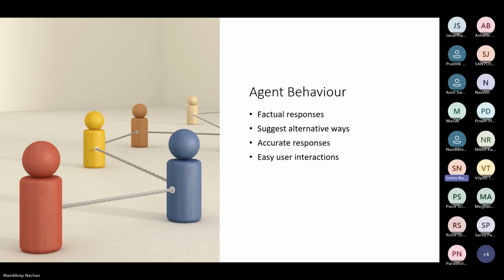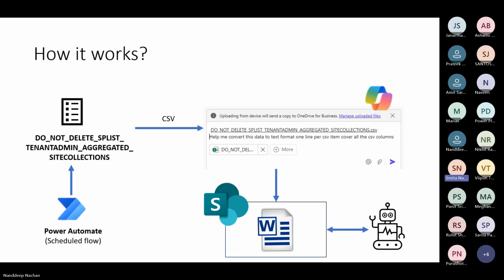The next thing I would like to show is the architecture diagram of this agent, how it works exactly. In SharePoint, there is a hidden list, the do not delete this SP list tenant admin aggregated site collection. It is a hidden SharePoint Online list that exists within the SharePoint admin environment.